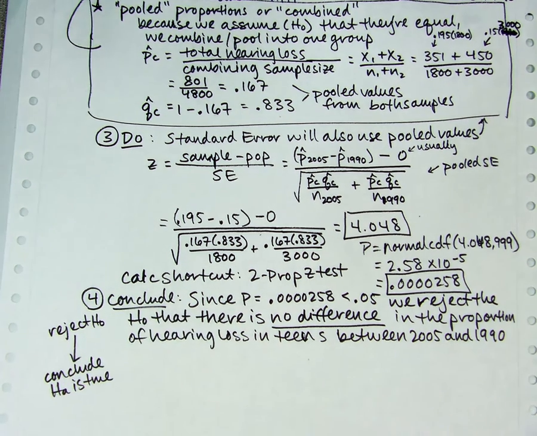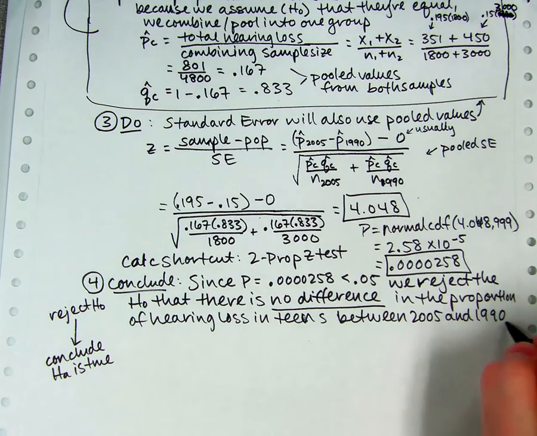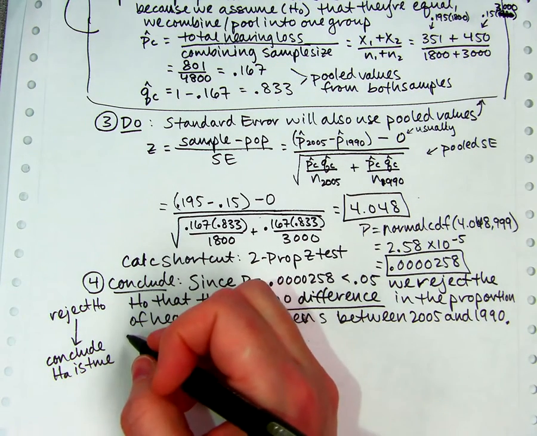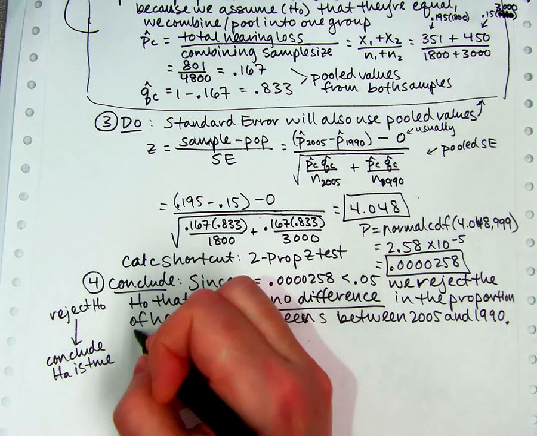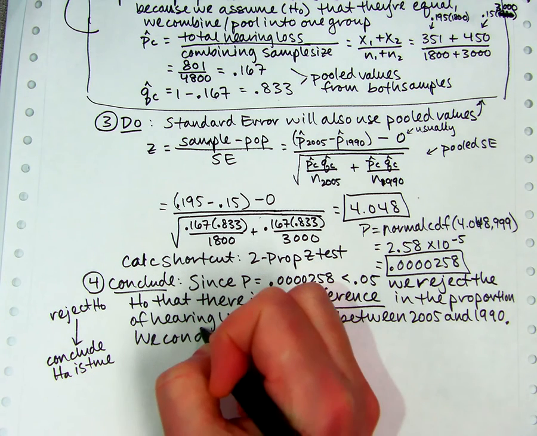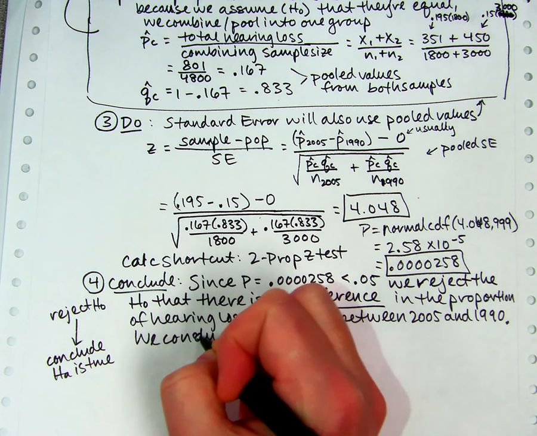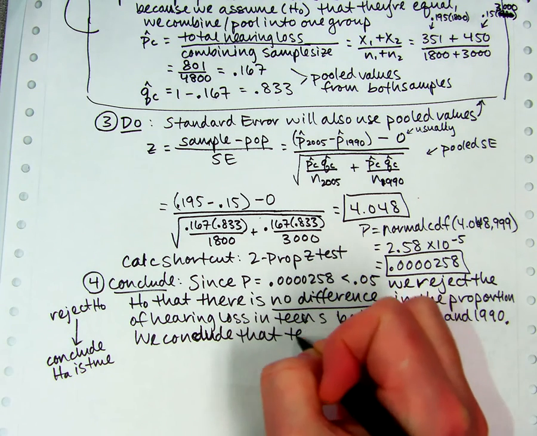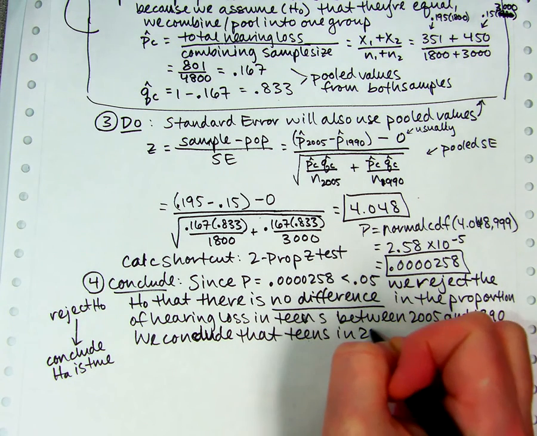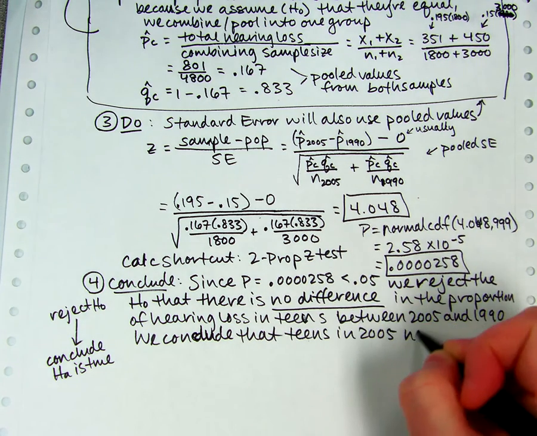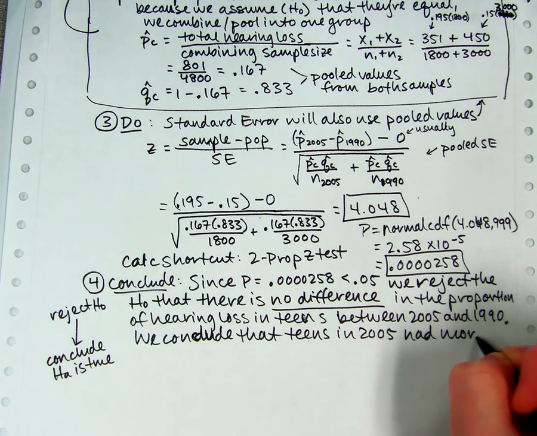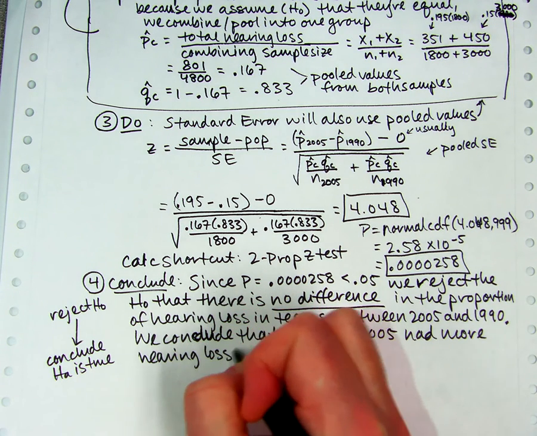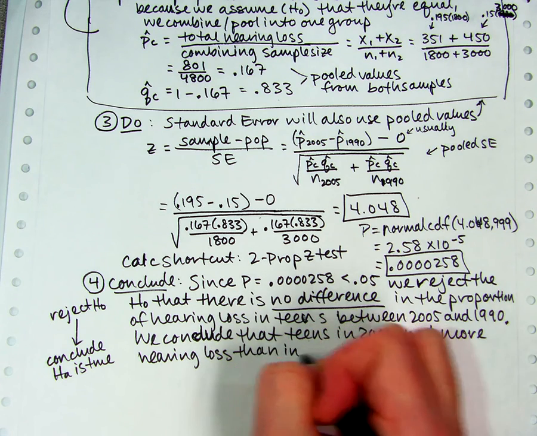You wouldn't want to use the word accept here either, but it's okay to say we conclude that. So I like to add, actually, it's more and more important in the most recent rubrics that you add we conclude, or I conclude if you'd prefer, that teens in 2005 had more hearing loss than in 1990.